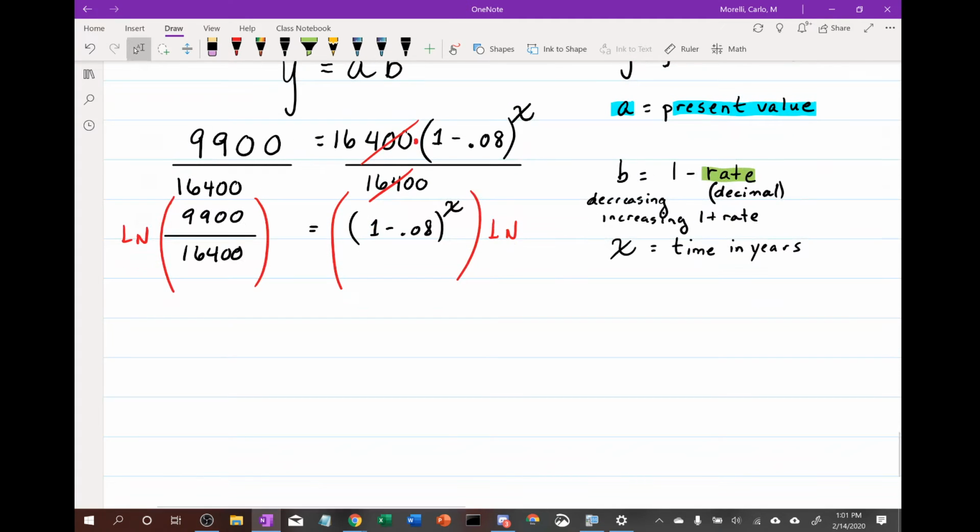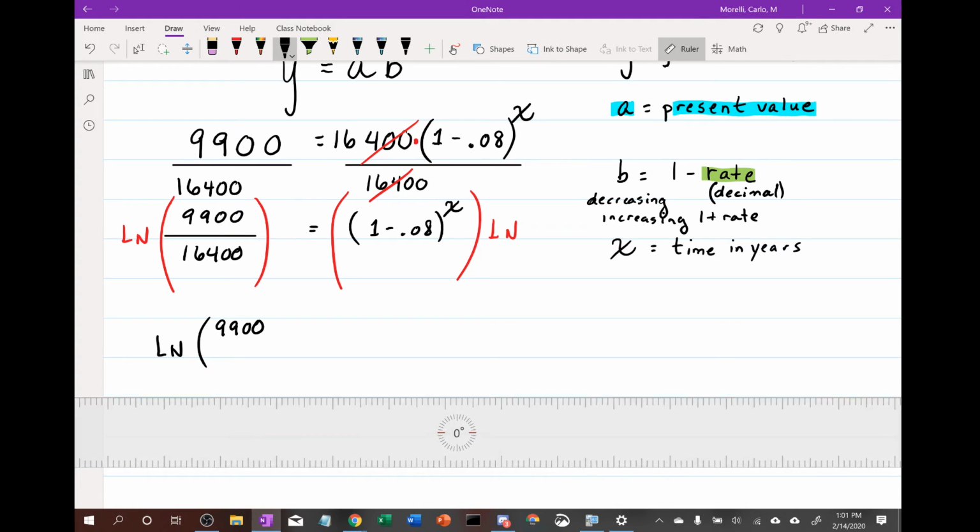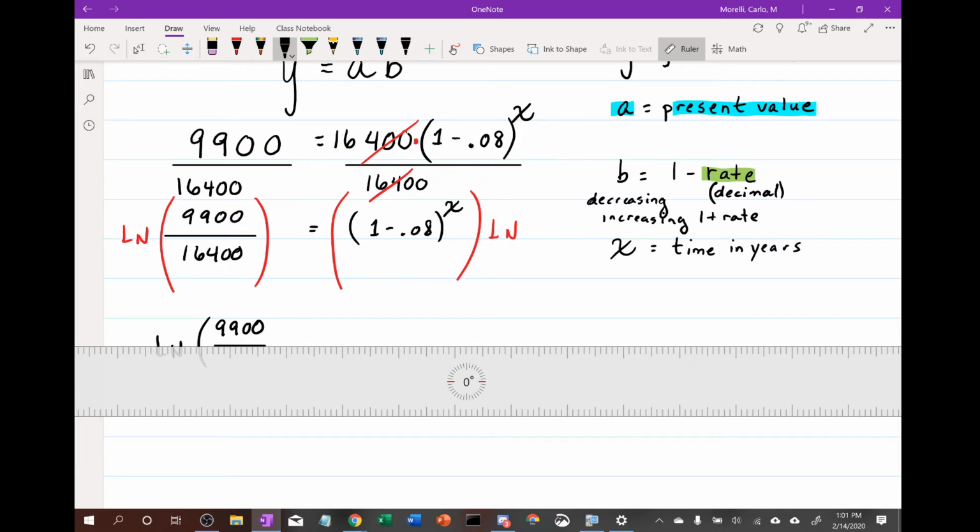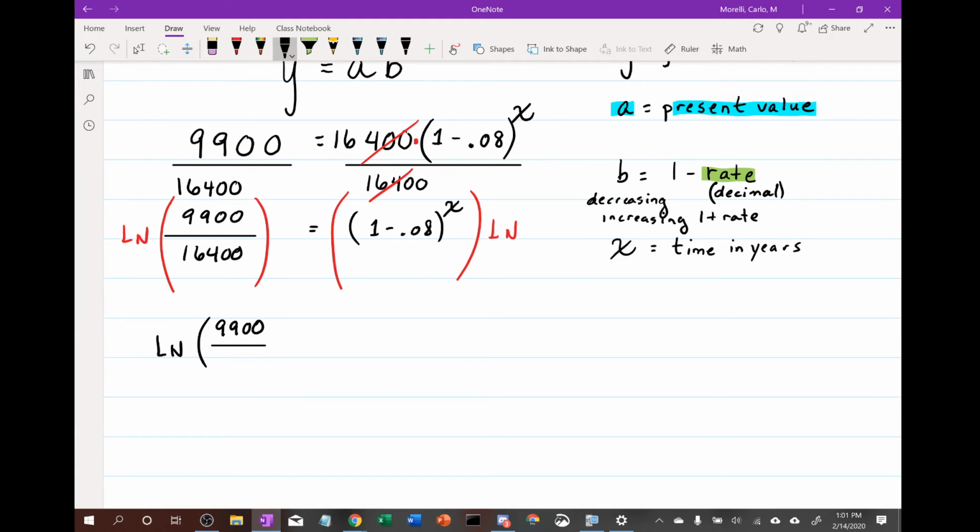Keep writing, I need to see pencils moving. ln of 9,900 over 16,400, all in those parentheses, close those parentheses, equals x times ln of 1 minus 0.08.